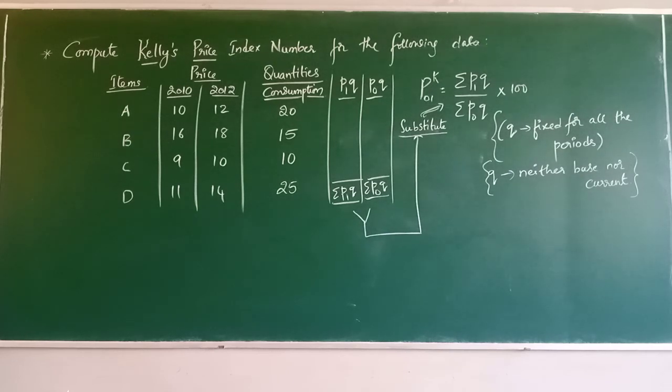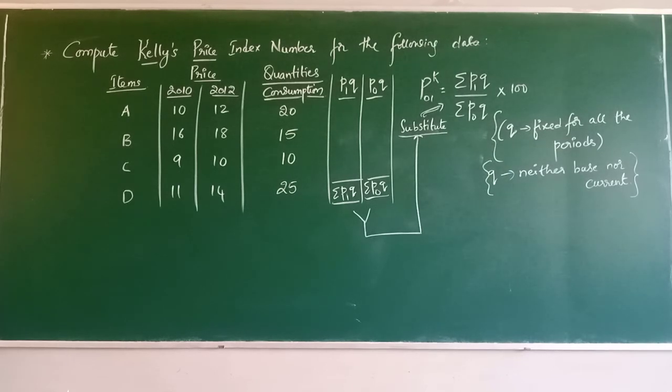So according to the formula, what do you need to calculate now? P1 Q: multiply 10 into 20, 16 into 15, 9 into 10, 11 into 25, and calculate the P1 Q total. And 2012 is P1 with the Q here: 12 into 20, 18 into 15, 10 into 10, 14 into 25. So that is P0 Q. Right, so P1 Q is 12, 20, 18, 15, 10, 10, 14, 25.